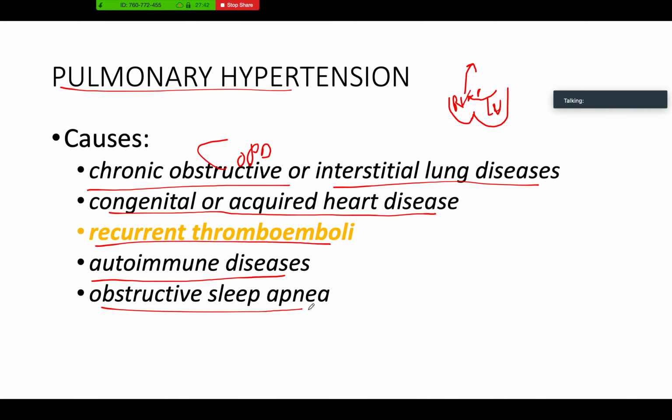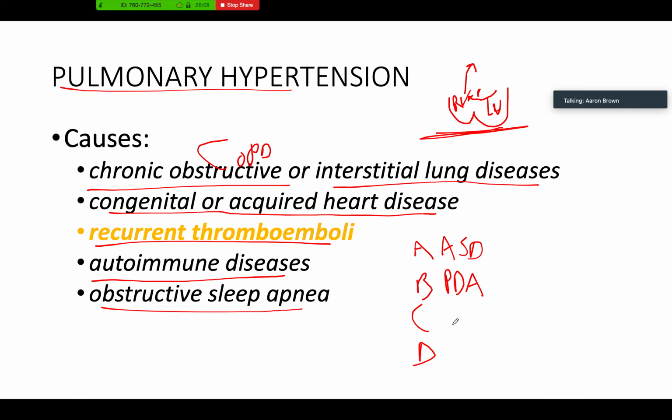Okay. All right. So since we're mentioning these acquired heart diseases, what is the most common congenital heart defect? I'll give you some choices. I'm going to give you A, B, C, and D. I'm going to say ASD. I'm going to say patent ductus arteriosus.